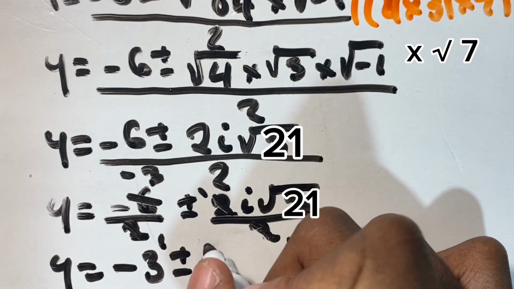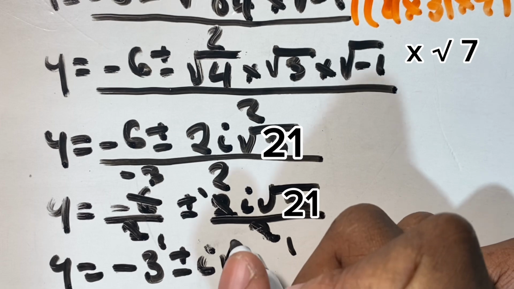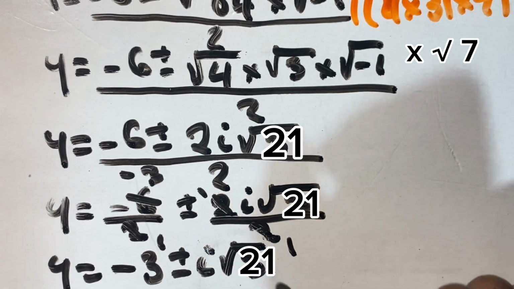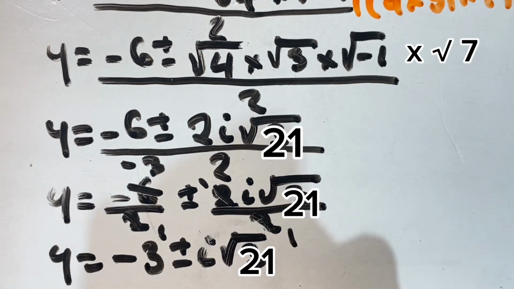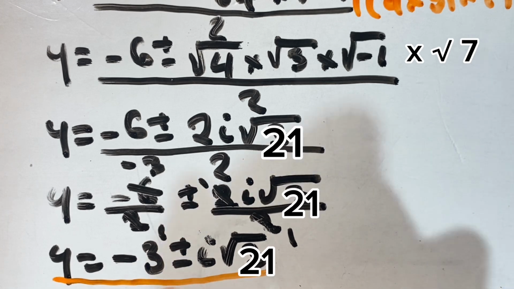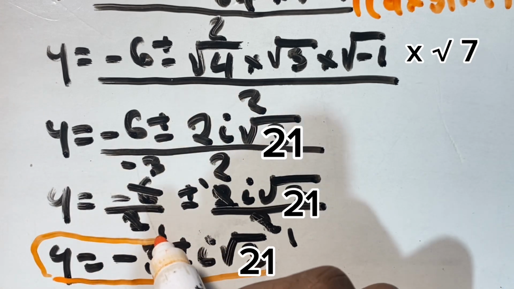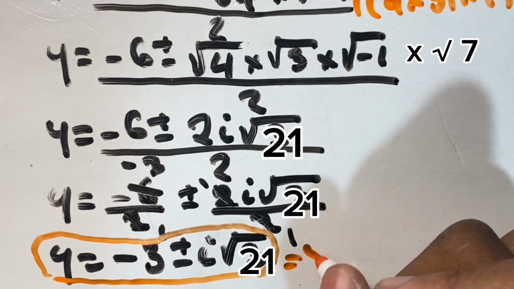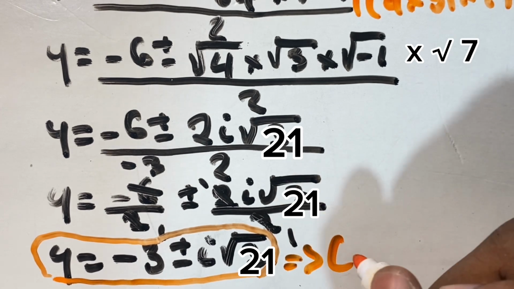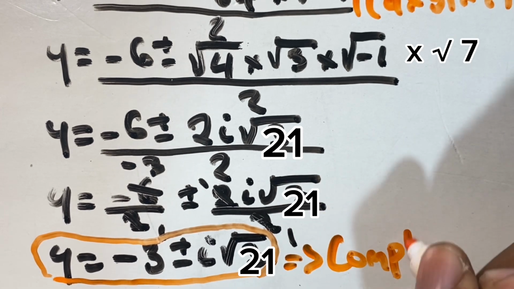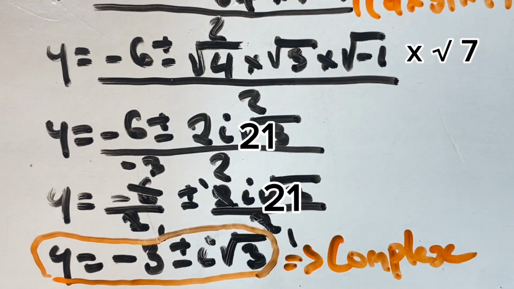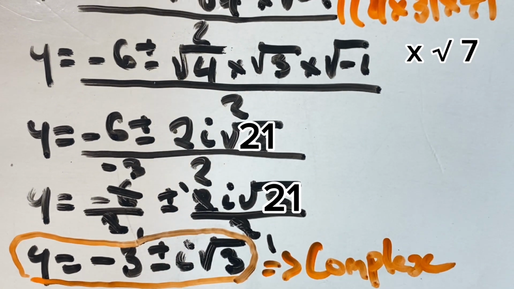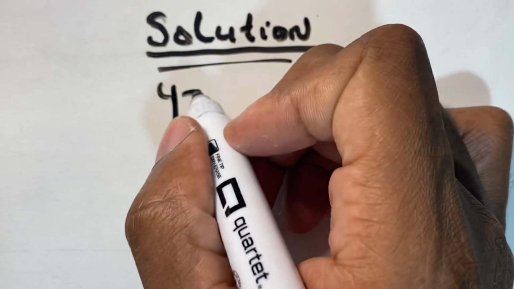So we just have i times the square root of 21. So these are actually my second and third solutions for y. If you look carefully, this solution is referred to as a complex solution, but we are going to use our real solution to verify the value of x.